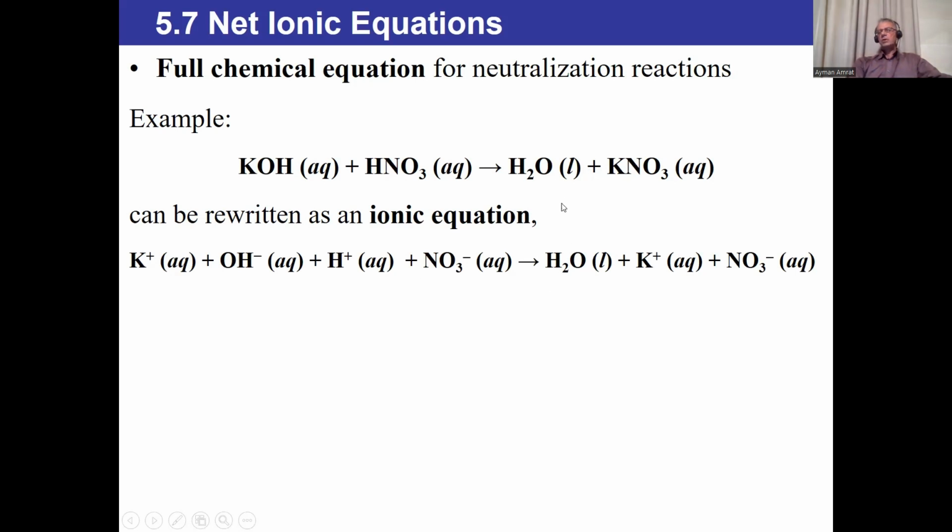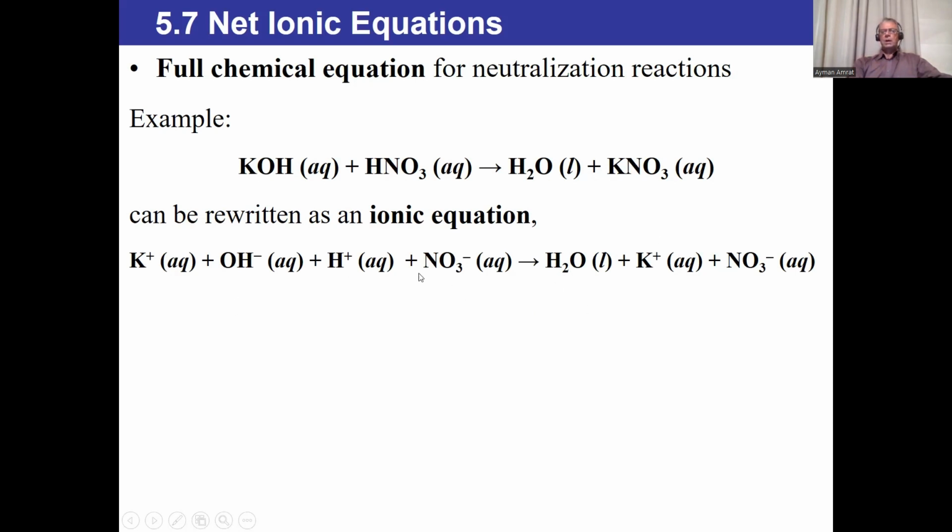H2O in the liquid state doesn't ionize. KNO3 is soluble in water, K+ aqueous and NO3- aqueous. Now the spectator ion K+ appears on the left and on the right, so it can be cancelled.